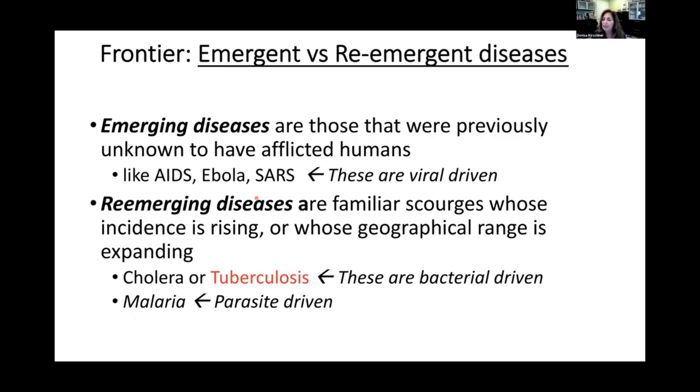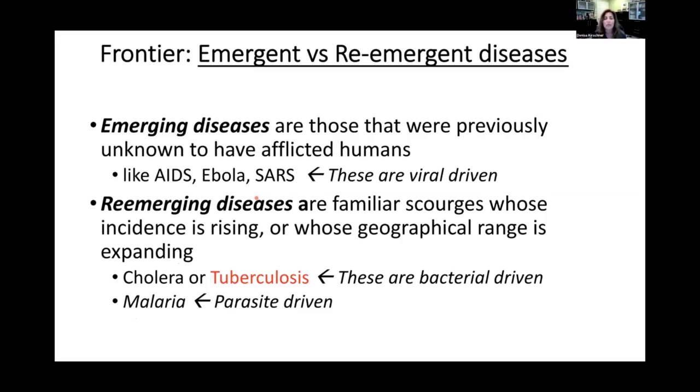So one thing I want to point out today that is maybe a little bit different from the way we've been thinking about things the past 2 days is that there are a contrast between emergent and reemergent diseases. So a lot of the diseases that have been mentioned the past couple of days have been emergent, and those are things like SARS and AIDS, and those are viral-driven pathogens, and they are sort of newly afflicting humans.